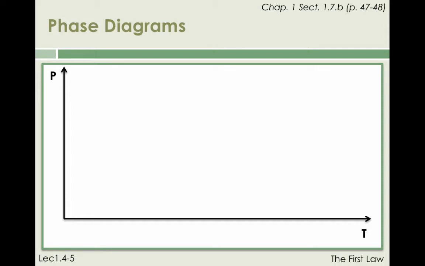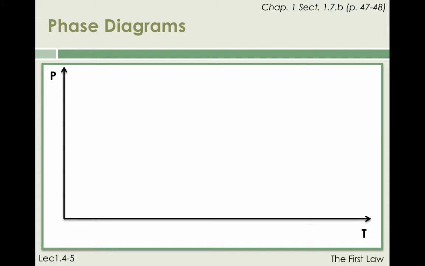In these next two slides, we will use the phase diagram of water to review some basic definitions related to phases and phase transitions. Most small molecule substances exist in three phases, specifically solid, liquid, and vapor.